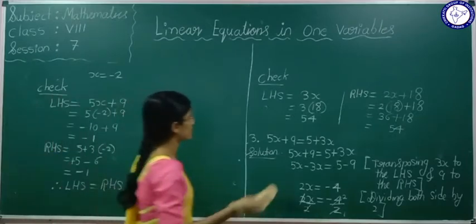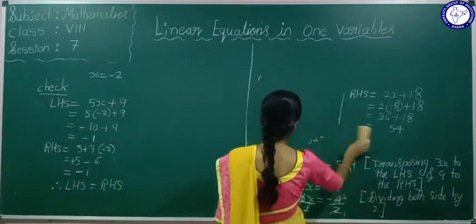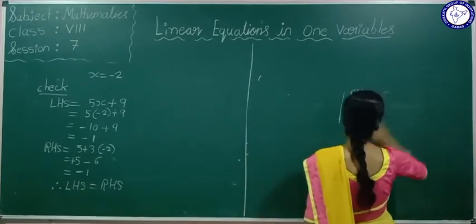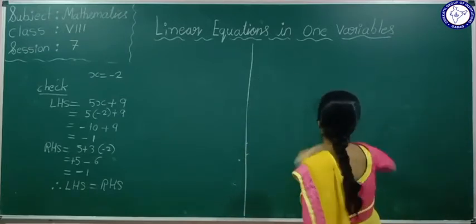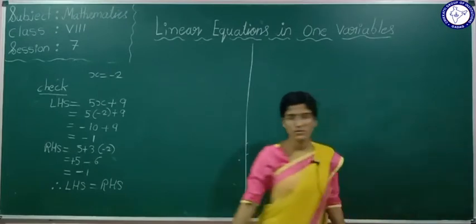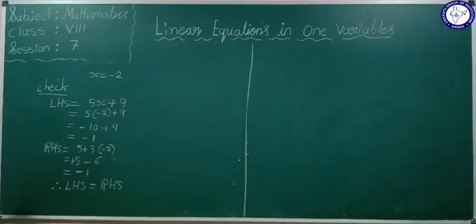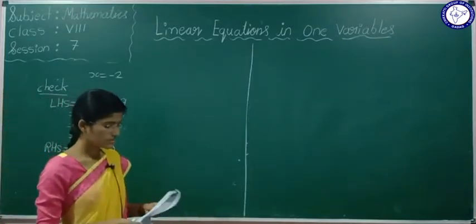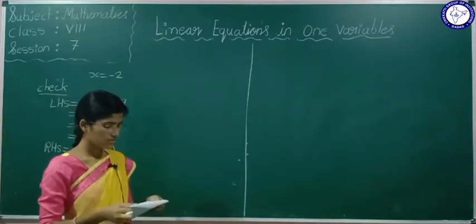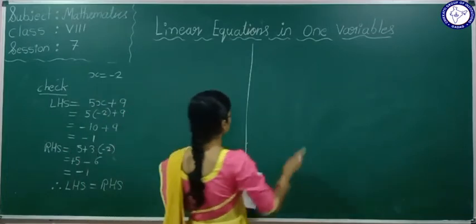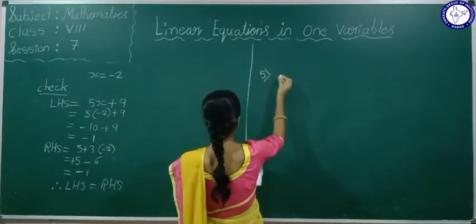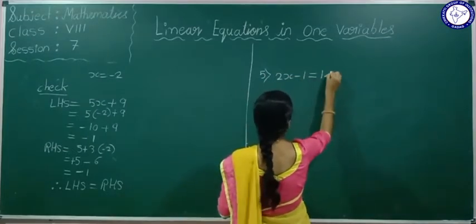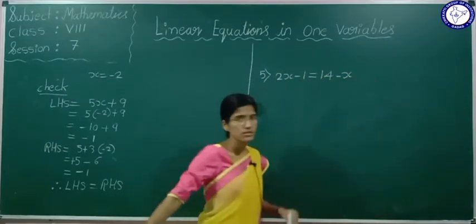Now we will see the next problem. Only a few problems I am solving here. The rest all you have to solve. So fifth one here: 2x minus 1 is equal to 14 minus x.